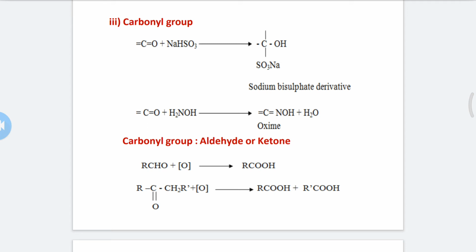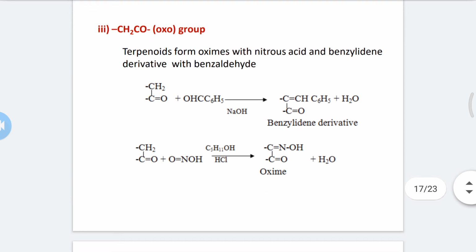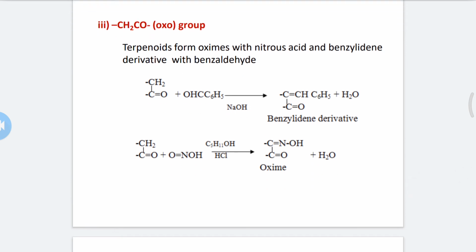Okay, this is another method. The next method: compounds containing an oxo group, and terpenoids react with nitrous acid to form an oxime, and with benzaldehyde to form a benzylidene derivative.